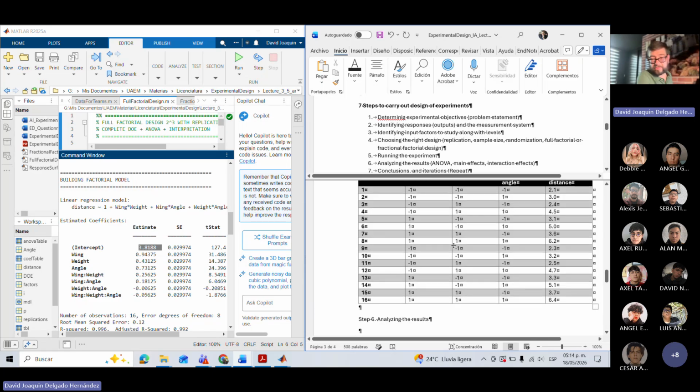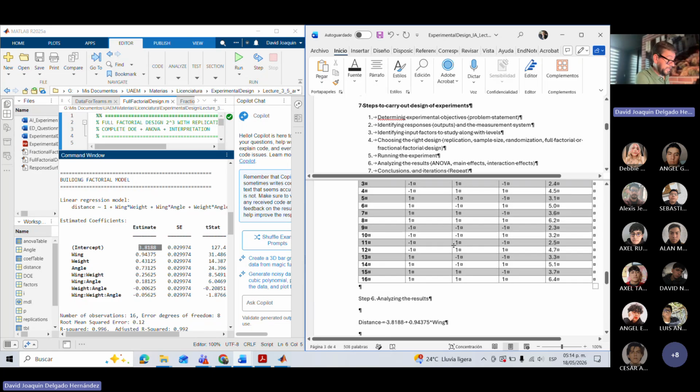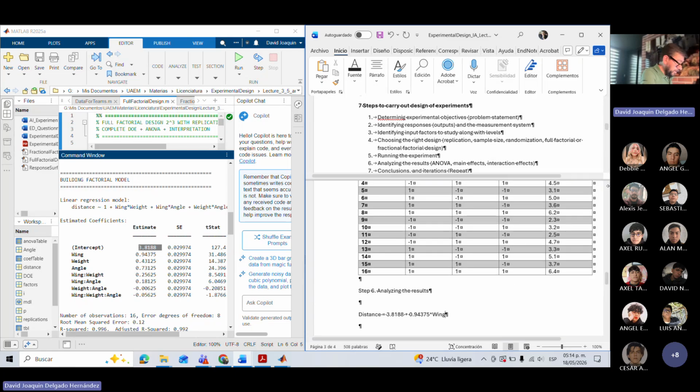I am going just to simplify and use wing. Then plus 0.43125 times the second variable or factor, which is the weight.